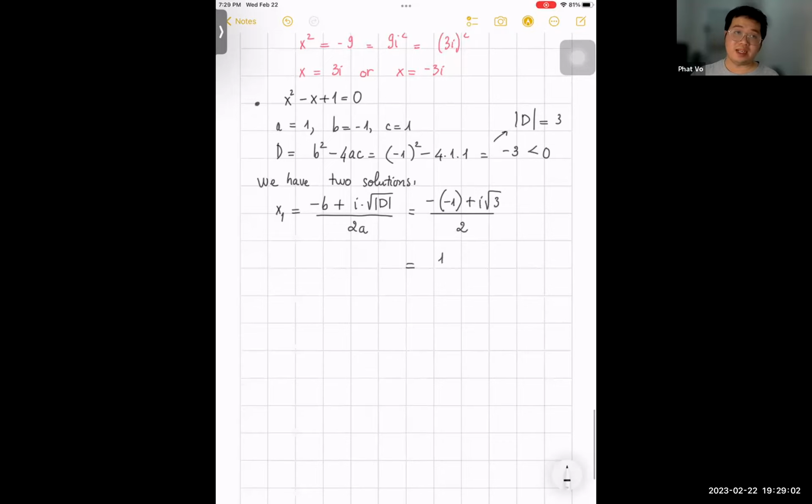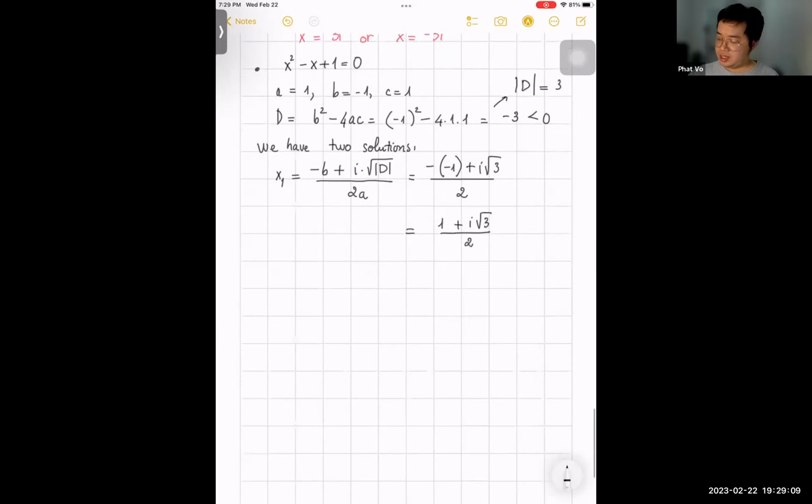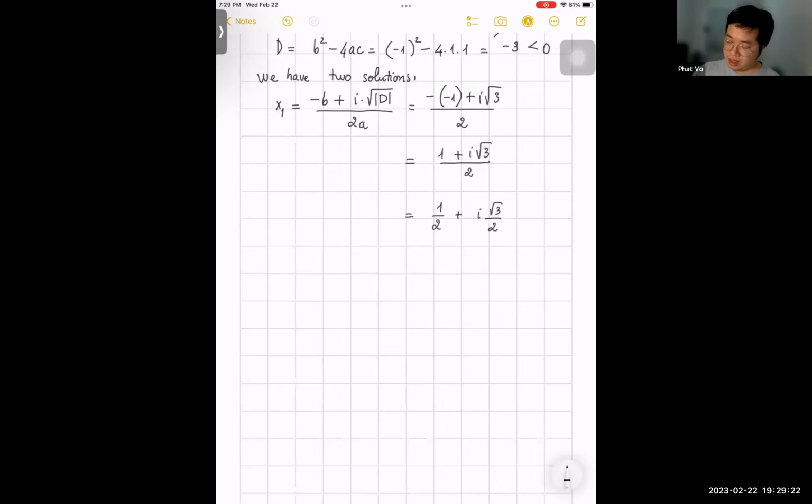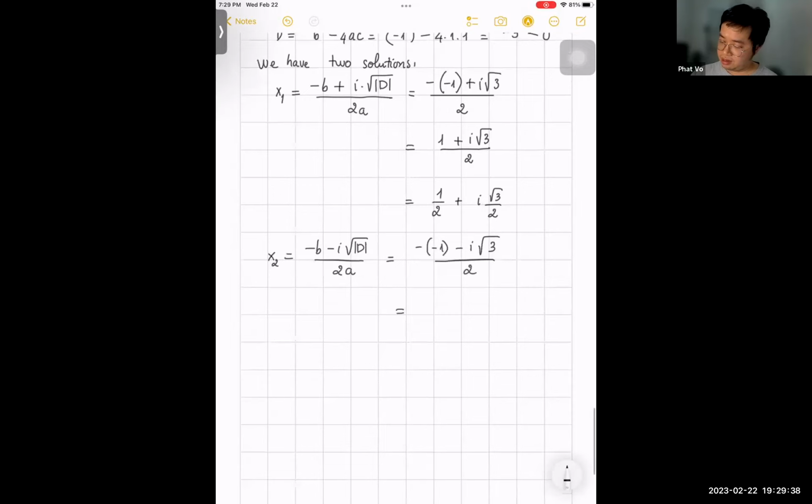The negative of -1 is 1, plus i times the square root of 3 over 2. And you can write it separately, the real part and the imaginary part. It should be like this. And about x2, x2 is similarly over 2a. So it should be like this, and you simplify it so you get the result like this.